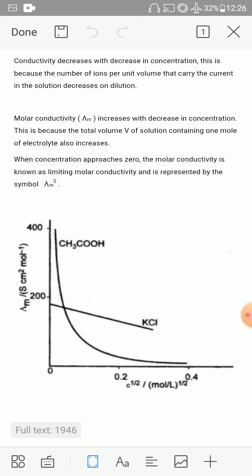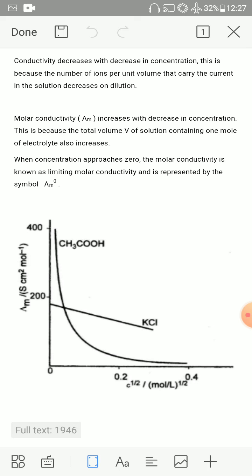But for a weak electrolyte like acetic acid or ammonium hydroxide, lambda m also decreases with increasing concentration, that is with increasing root C. But the graph is different from the strong electrolyte. In the case of a weak electrolyte, the graph is like a curve. On increasing concentration, the molar conductivity of a weak electrolyte decreases very, very fast.